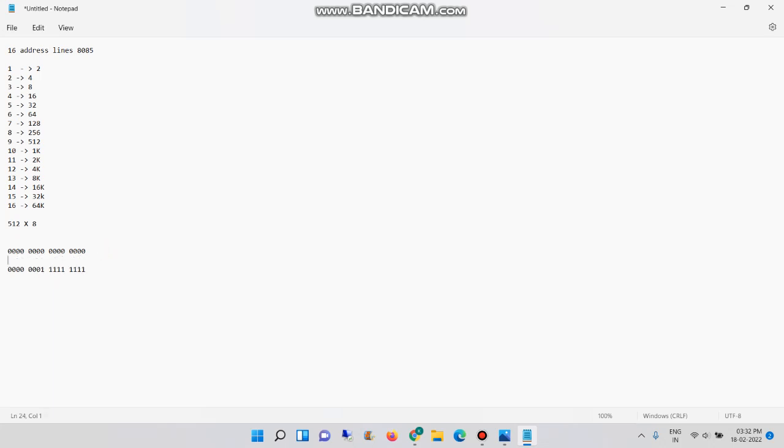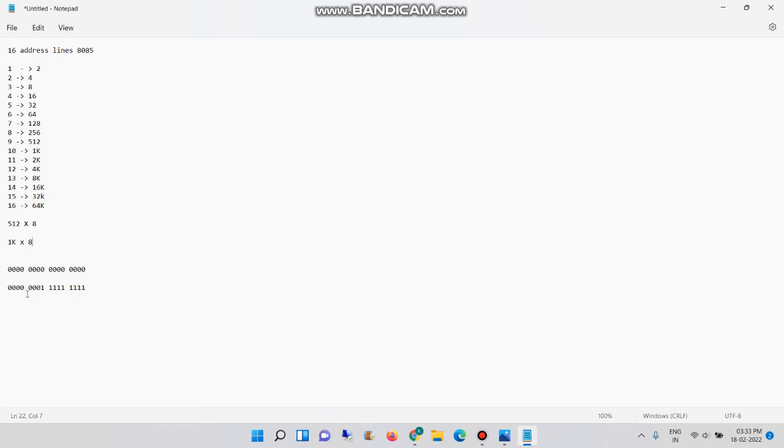This is the starting address of the memory, and this is the ending address. Why have I taken 9? Because it requires 9 address lines. Understood what I mean? If you ask for 1K into 8, how many address lines are required?